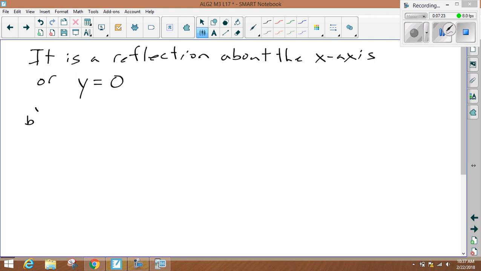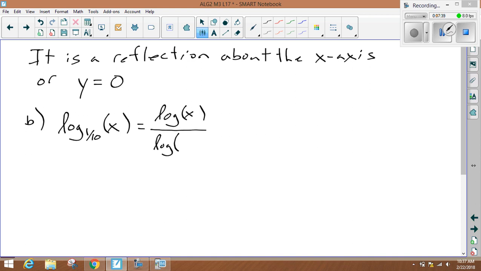So it's letter B. If we have log base 1/10 of x, we used our change of base formula, right? To say that this is log of x over log of 1/10, right? Log base 10.